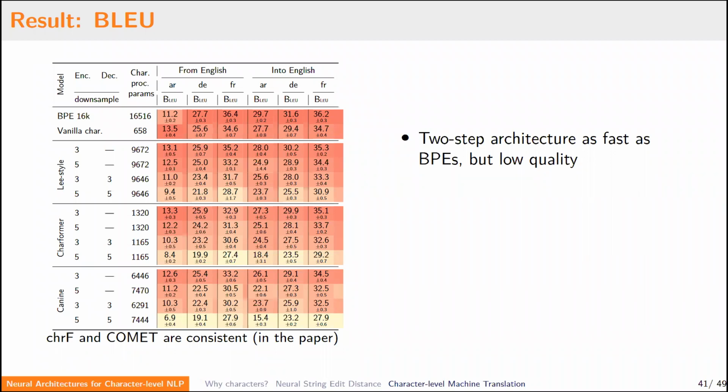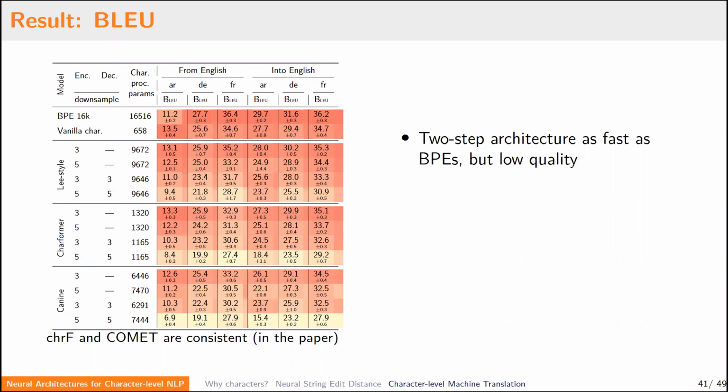These are the results that we get in terms of BLEU, but they are the same in other metrics as well. We managed to have the 2-step decoder as fast as the BPE, which is good news. But on the other hand, it was much worse in terms of translation quality.